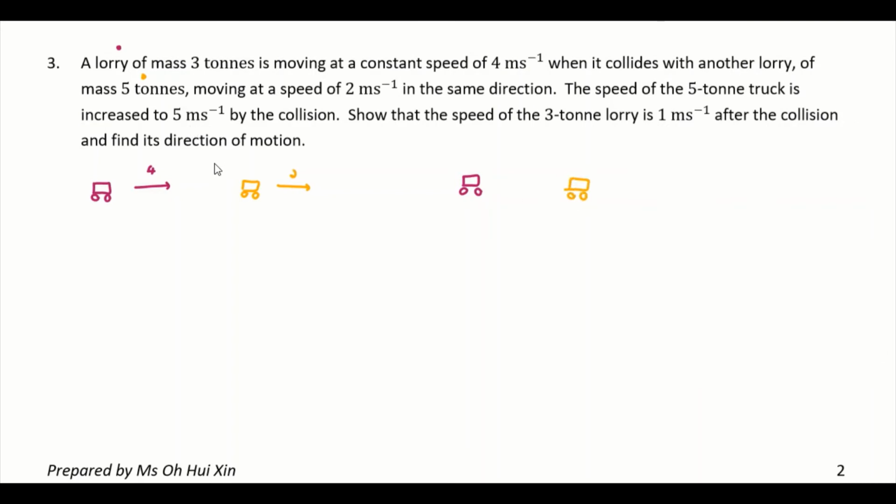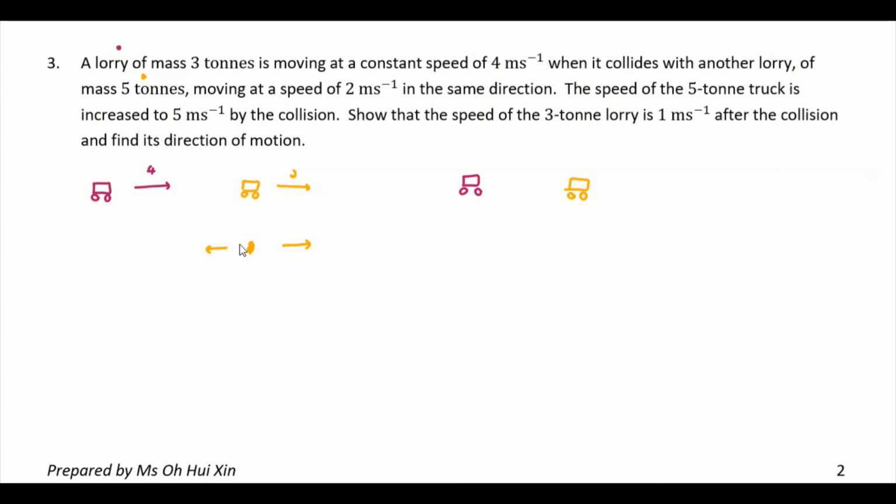Okay, so let me ask you a question. There are different cases. Normally when they are in the same direction, this is a one-dimensional situation, right? So obviously the possibilities are that it either stays stationary, or it continues to move, or it moves backwards. Imagine this lorry collides from the back of this lorry.